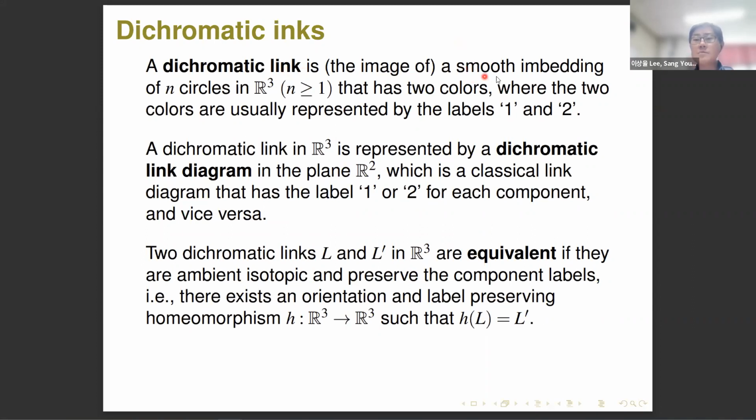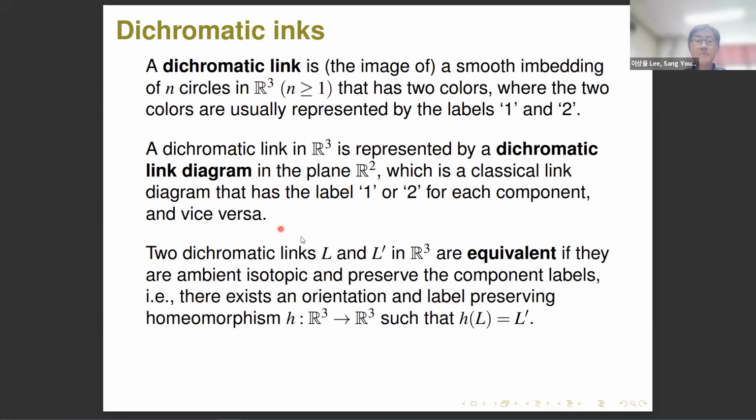A dichromatic link is a smooth embedding of n circles in 3-space that has 2 colors, where the 2 colors are usually represented by the labels 1 and 2. Dichromatic links are represented by dichromatic link diagrams in the plane as usual in the classical case, which is a classical link diagram that has the label 1 or 2 for each component.